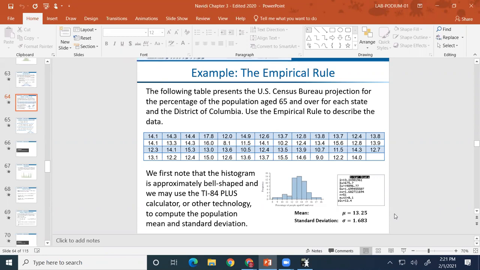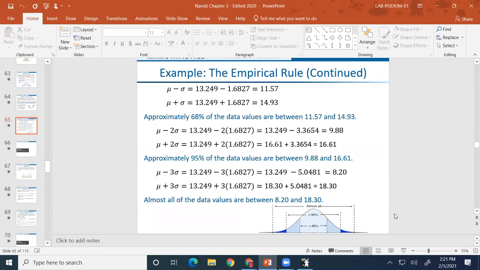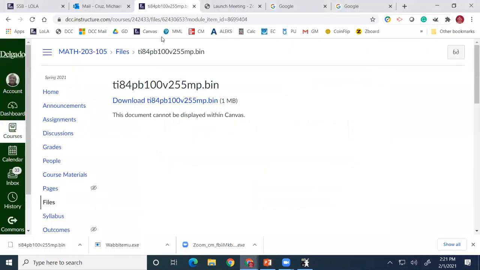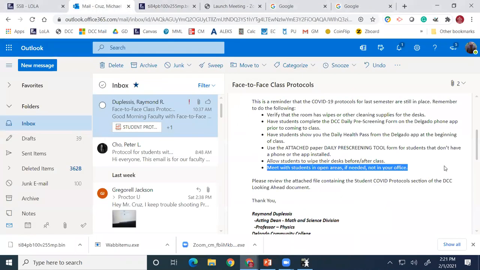This is the classroom rules. So there's no light, it looks like there's paper towels and we have spray.